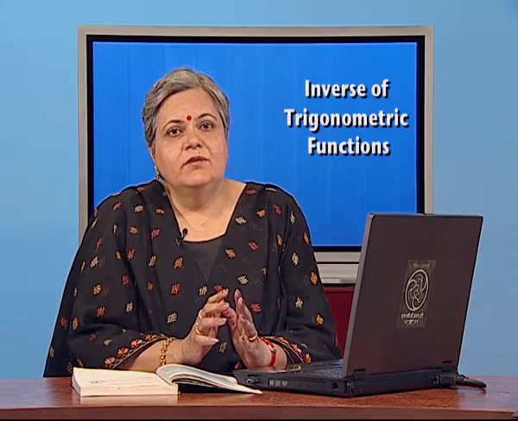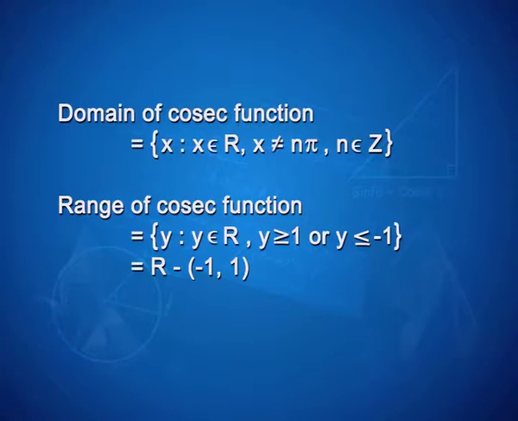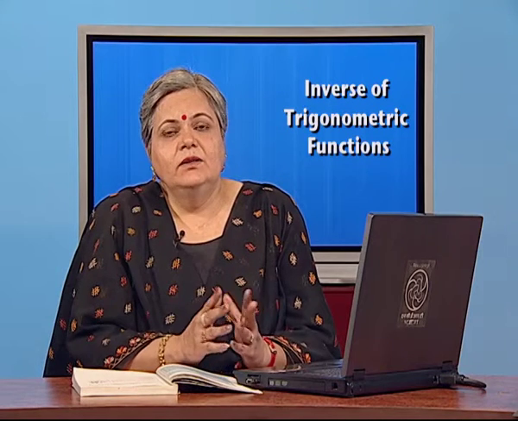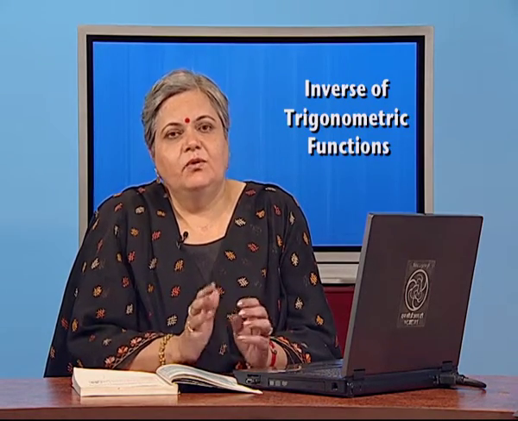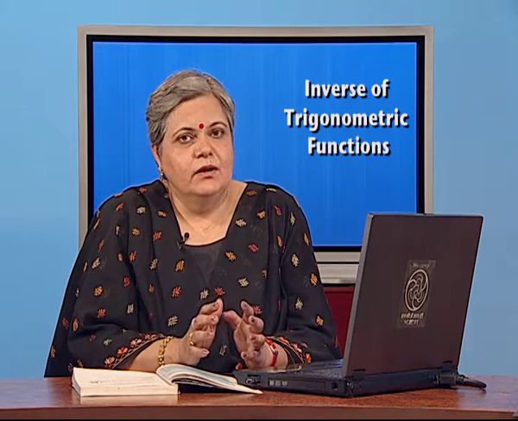The range of the cosec function is the set of all real numbers y belonging to R, as written here: y is greater than or equal to 1 or y is less than or equal to minus 1. Another way of writing the same set is all real numbers except the open interval minus 1, 1.